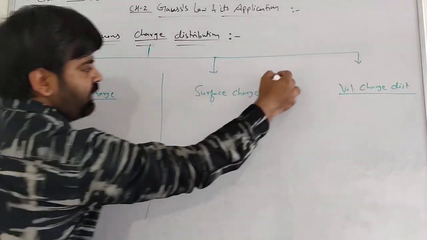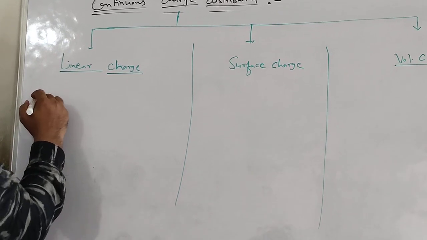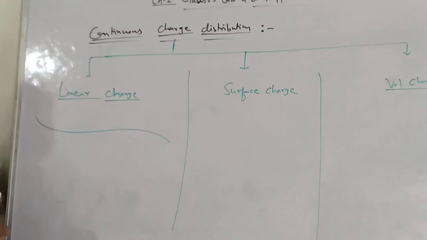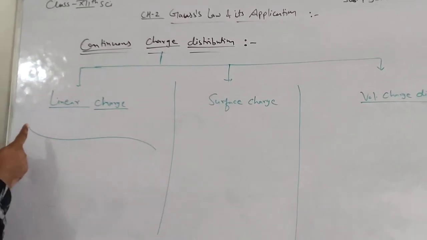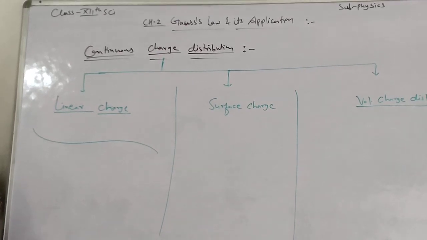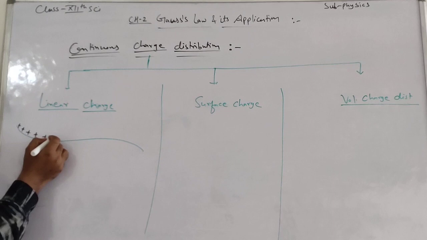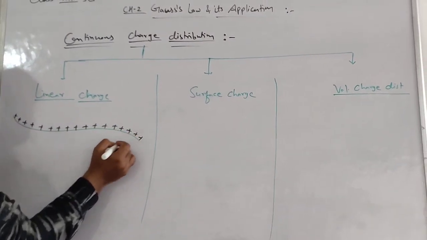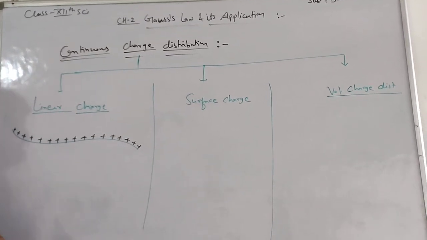In linear charge distribution, if we have a thin wire of length L, which is very thin, and we charge that wire with Q charge, then the charge will be distributed along its length in this way. Such a type of charge distribution is called linear charge distribution.